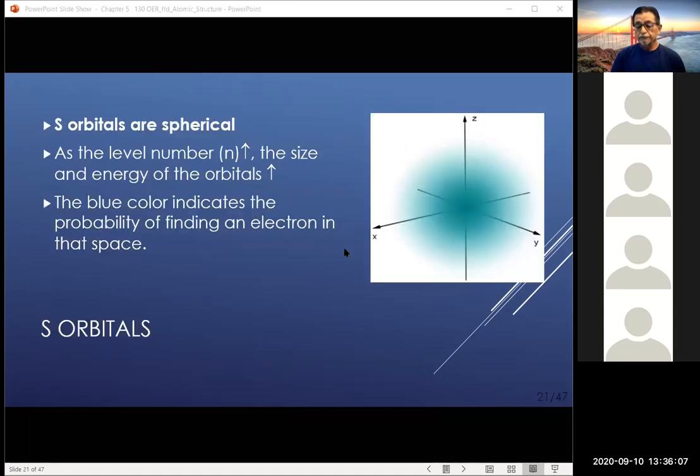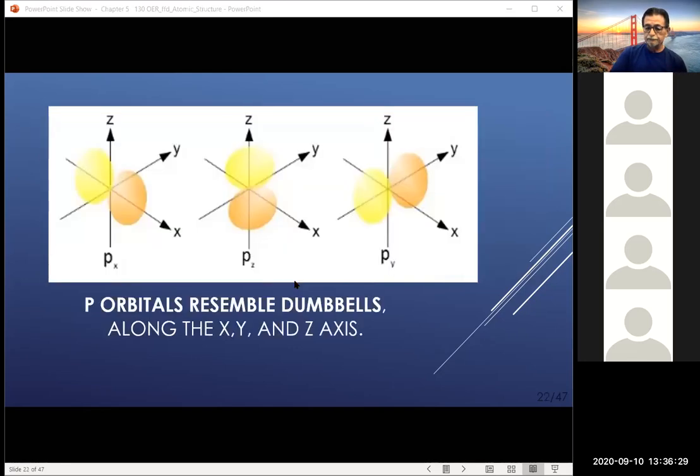Now the s orbitals: that model represents what happens when we take that mathematical equation and plot data. You get this circular shape of the probability of the electron being found in that space.